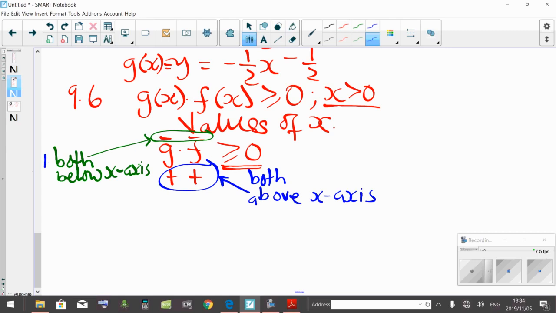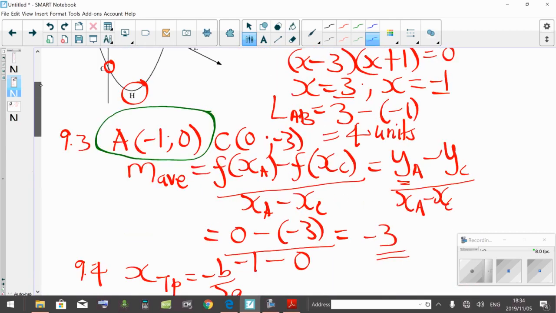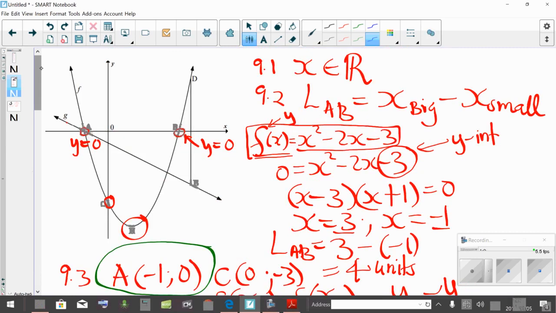So let's look at the first scenario where they are both below the x-axis, if ever there is such a place. If you look at point A, I'll use a different color. From point A, I'm tracing the graph of f. The graph of f is negative throughout here because it's below the x-axis up to that point.